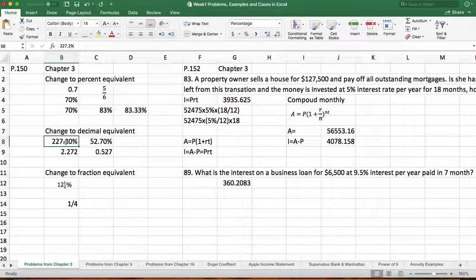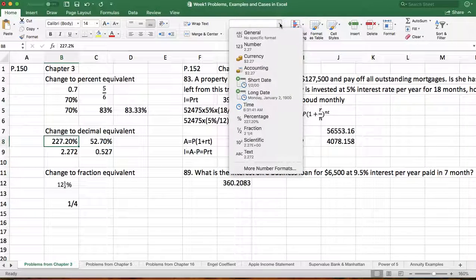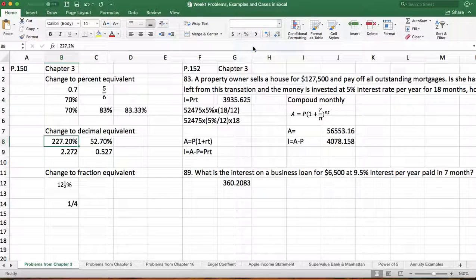You click on this cell, that means you select this number, and you come here and click the number. Now you got a decimal number. If you want one more decimal, you just click this one.